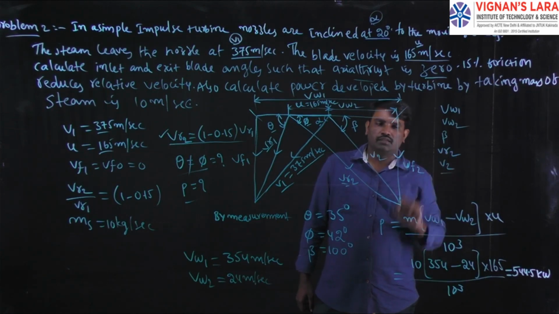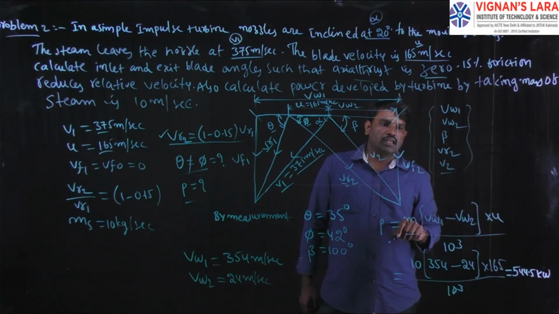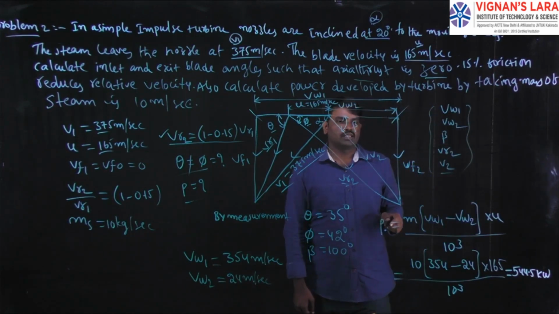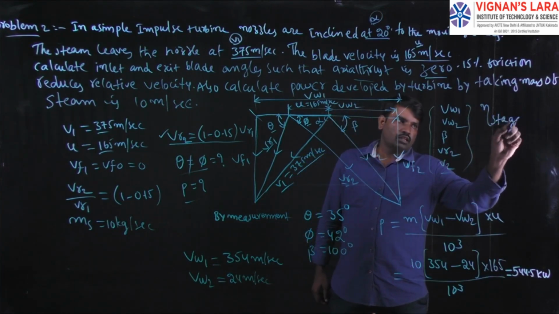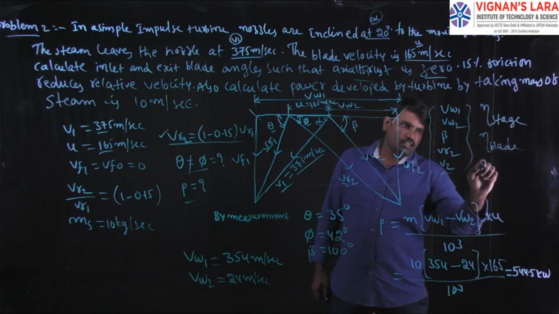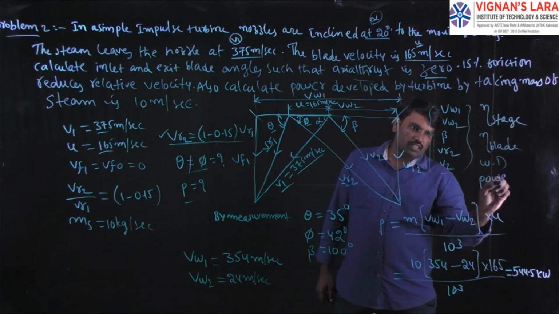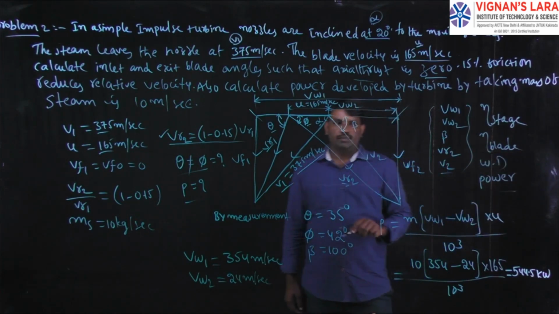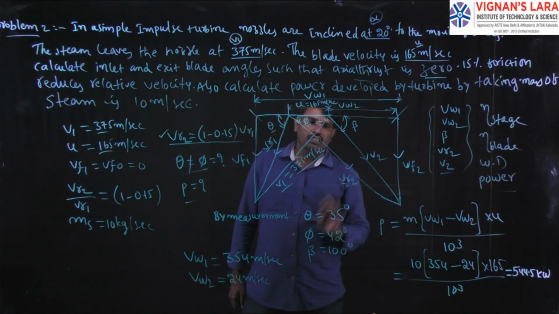Based on these values we calculate the different parameters of the impulse turbine: stage efficiency, blade efficiency, work done, and the power developed by the turbine. These you can easily calculate from the combined velocity triangle.